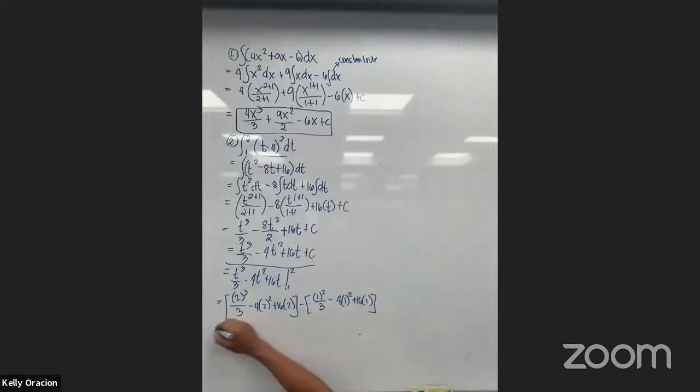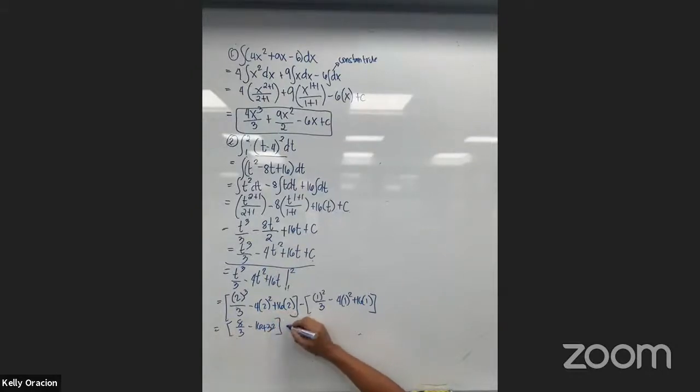So you have 8 over 3 minus 16 plus 32, minus 1 over 3 minus 4 plus 16. So what is the answer? 56 over 3 minus 37 over 3.